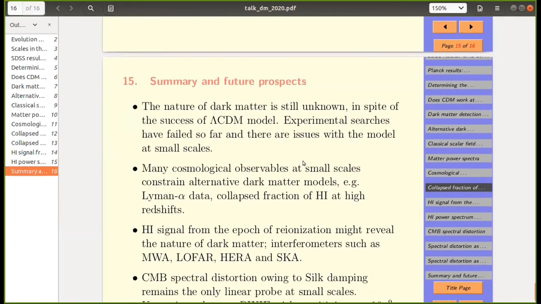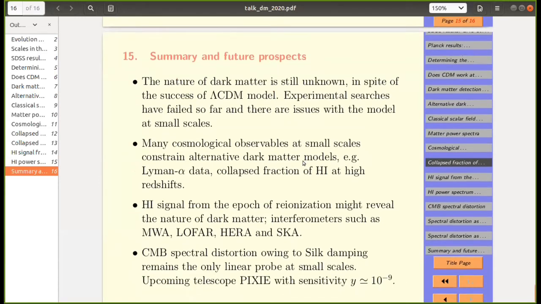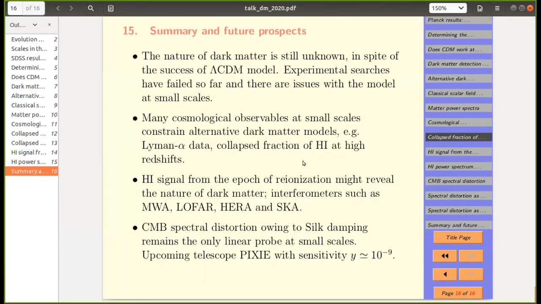So this is my summary. The nature of dark matter is still unknown, in spite of the successful lambda CDM model. There are many cosmological observables, and I focused on two in this talk: the collapse fraction of H1 and the epoch of reionization. And the H1 signal from the epoch of reionization is a very exciting possibility that in the coming years it may actually reveal the nature of dark matter.